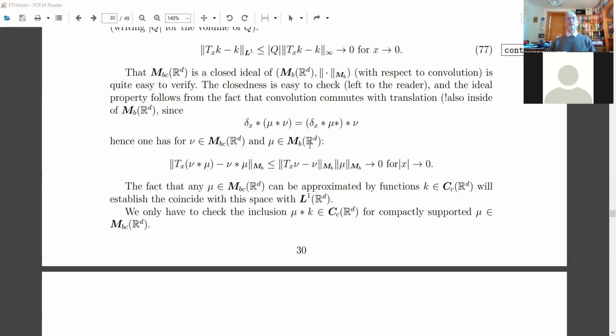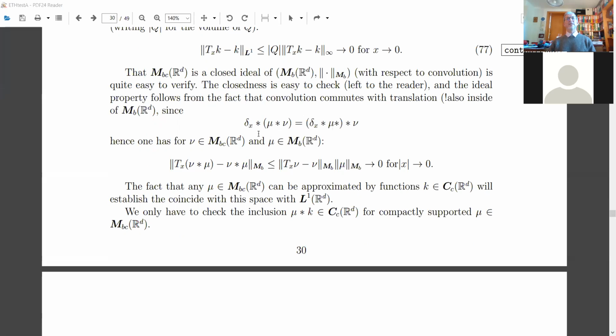So if you take any measure mu, you have to check whether nu convolved with mu is preserving the same property. And so you have to look at the shift applied to nu convolved with mu. Now, I told you that the shift in the measure algebra is the same as convolution with a Dirac. Actually, there's a star too much in this formula at the moment.